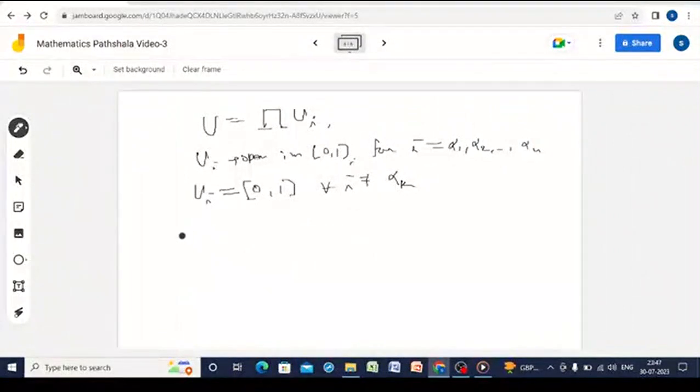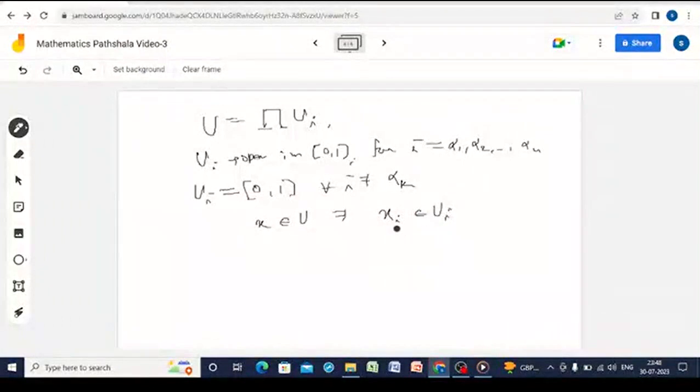See here, Ui is open, and Ui is open in the closed interval [0,1] for i equal to alpha 1, alpha 2, ..., alpha n, and also our x belongs to U, that means our xi belongs to Ui.